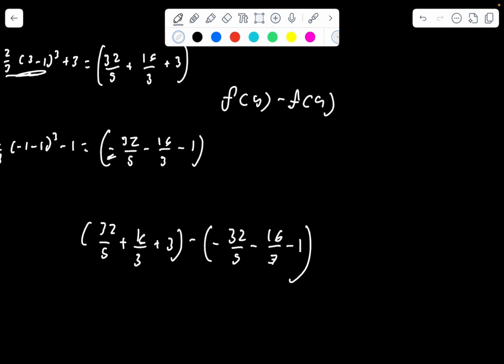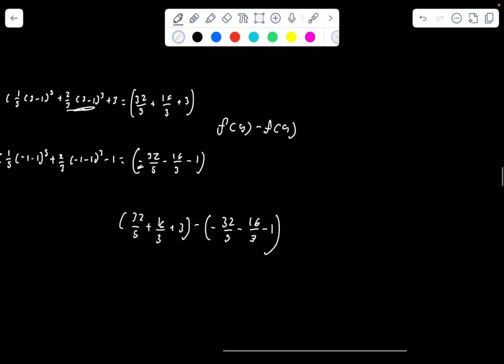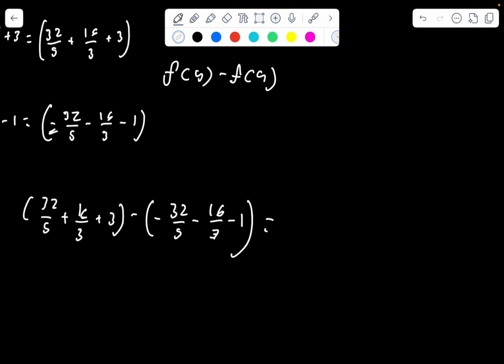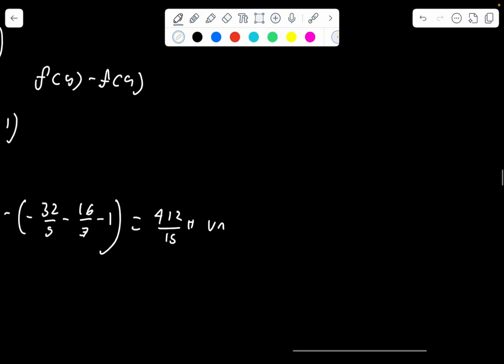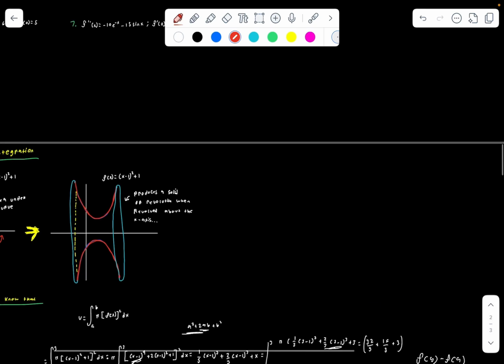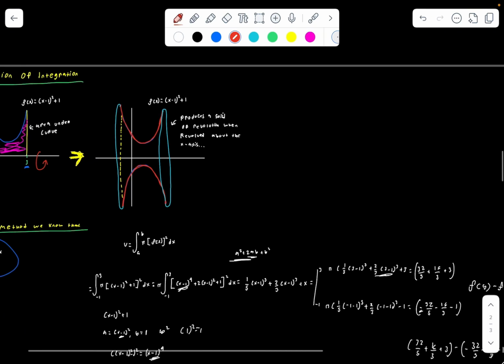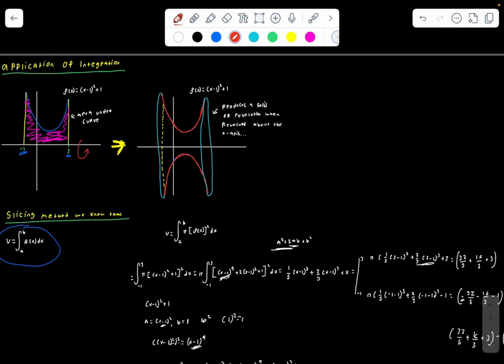So that thing looks terrible. Now, when you evaluate this whole thing, you're going to get 412 over 15. Make sure to put your pi and make sure it's units cubed. And this right here should be your answer for what we did with our application of an integral.